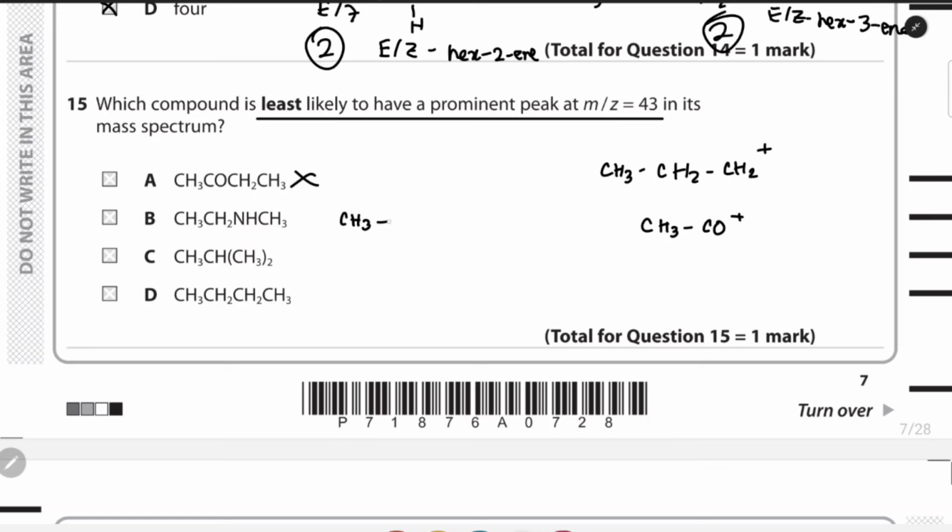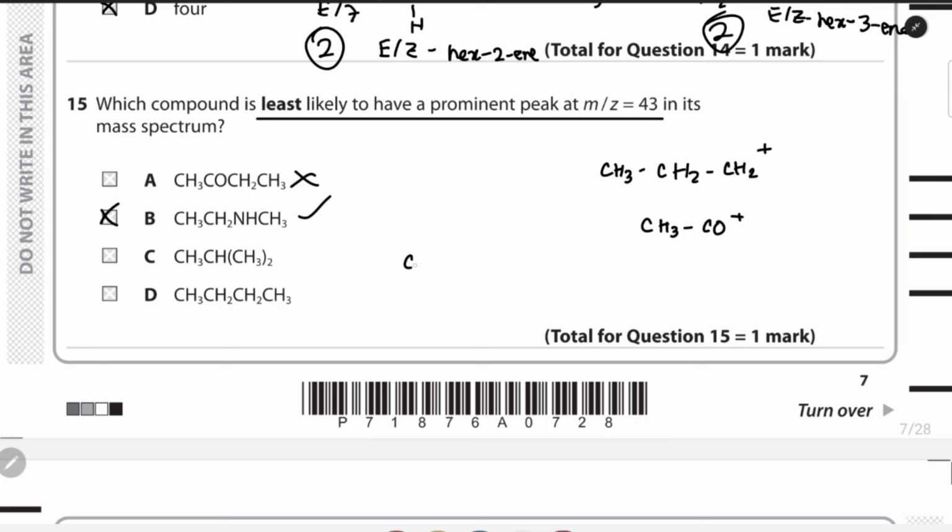So this is the structure: CH3, CH2, NH, CH3. If I break the bond over here, I get 15 on this, and 14 plus 15 plus 15. This is more than 43. This comes out to be 44. So this is the answer.